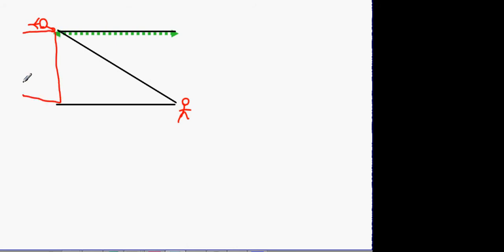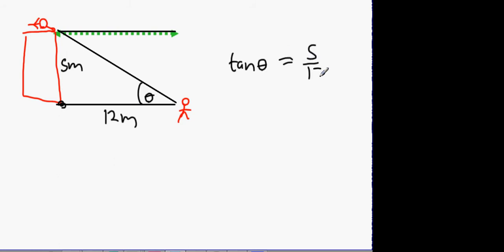The building is 5 meters tall, and the man is 12 meters away from the foot of the building. Now I've got to find out this angle here, theta. To find out theta, I know the opposite, and tan theta equals 5 over 12.